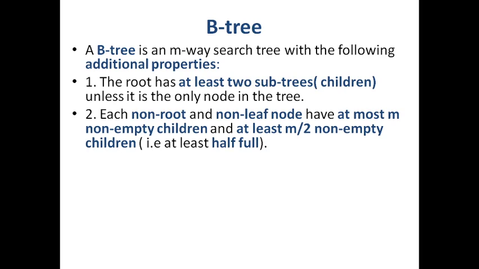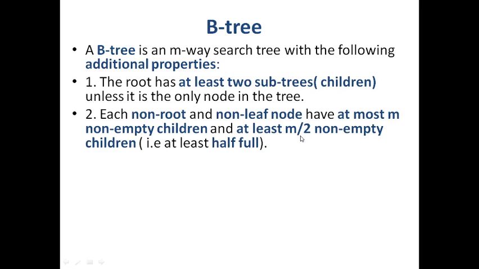Secondly, each non-root and non-leaf node has at most m non-empty children. That is the same restriction we have already come across, that a single node can have a maximum of m children. And what is additionally added for a B tree is that the minimum is also limited to m by 2.